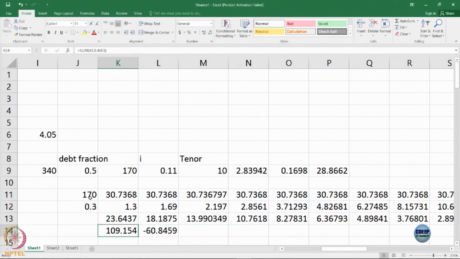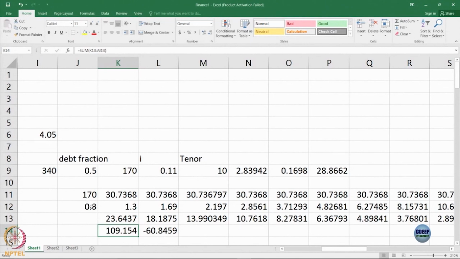So, we sum up all the cash flows which are the benefit streams, and then we subtract, this is the equity which we are paying, minus 170 crores. So, we take the total sum of this and subtract from that the initial outpayment, and so you will see the net present value is negative.